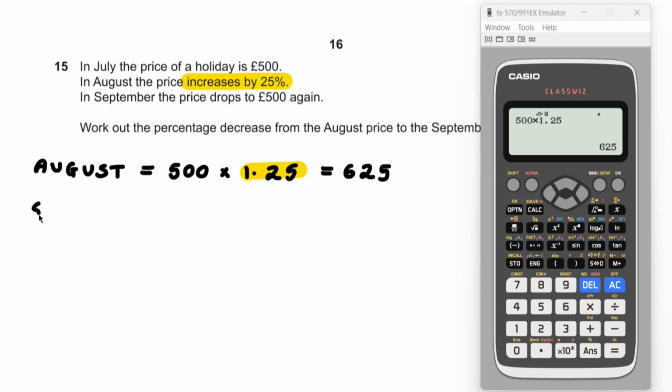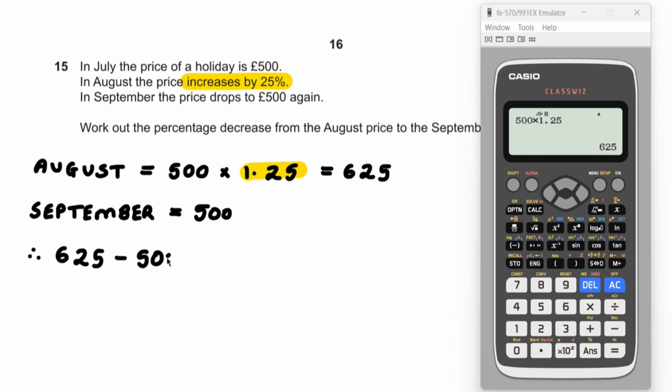Now in September, the price goes back to 500. What we need to do is find the percentage decrease. So to work out the percentage decrease, I have 625 subtract 500 divided by my original amount of 625, and then I multiply this by 100.